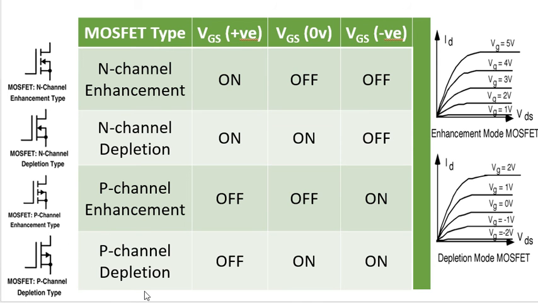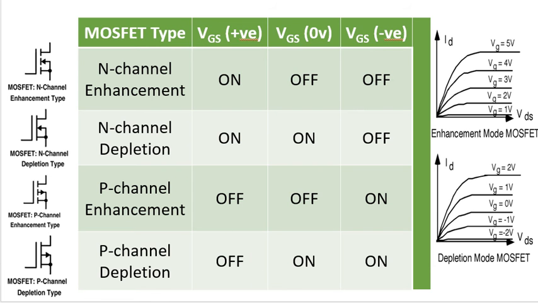In case of P channel depletion MOSFET, it is off when VGS is positive, but it is on when VGS is at 0 volt or when VGS is at negative voltage. So it will always be in on condition when you have 0 voltage or negative voltage. So to keep it off, you have to provide a positive gate voltage.